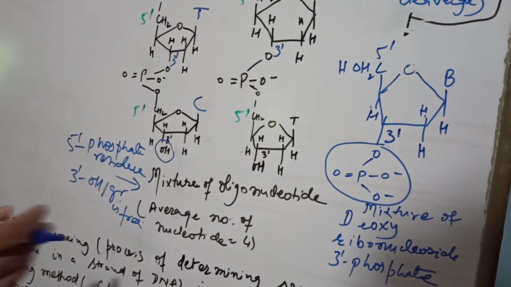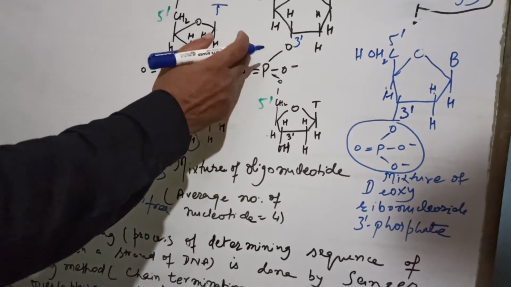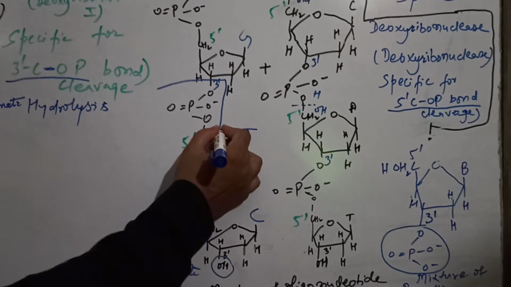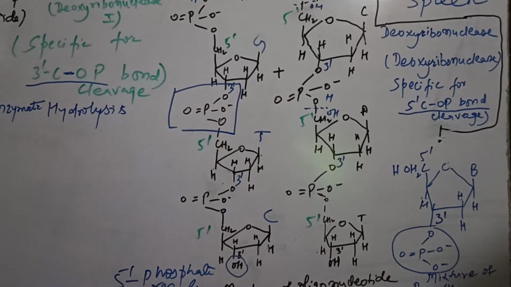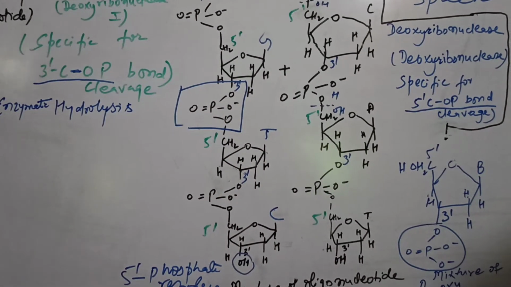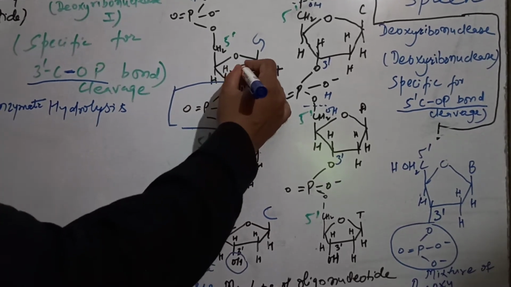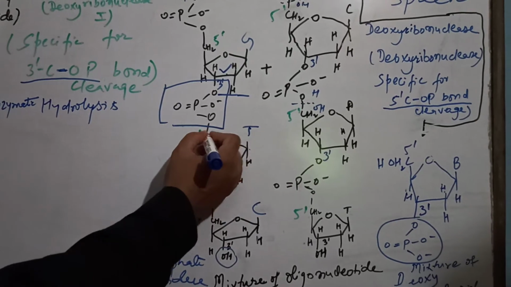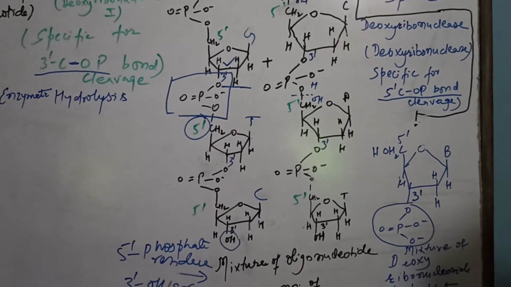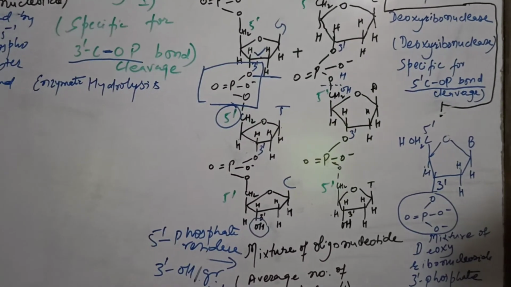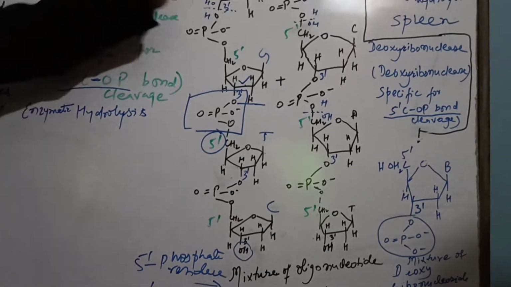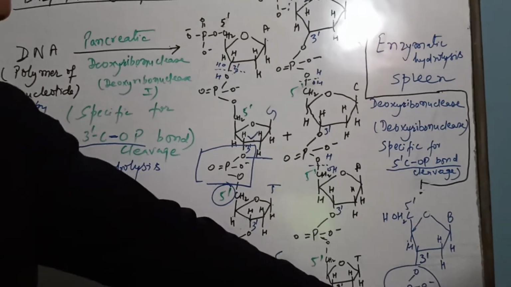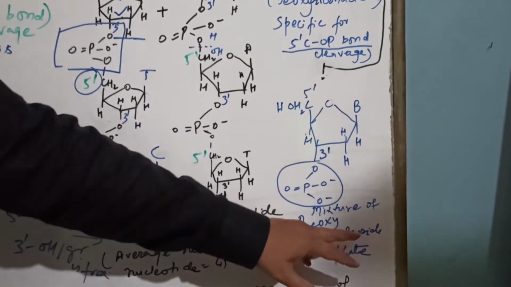So on the basis of these two experiments, you can say that the phosphodiester linkage between two nucleotides in DNA is between the 3 prime carbon of one nucleotide residue and the 5 prime carbon of another nucleotide residue. So this is the enzymatic hydrolysis of DNA. I again repeat that in part 1 I had written only deoxyribonucleoside.